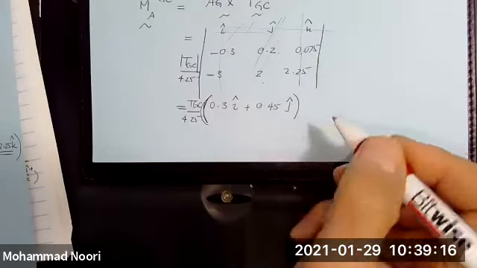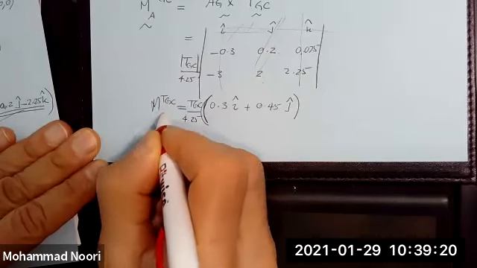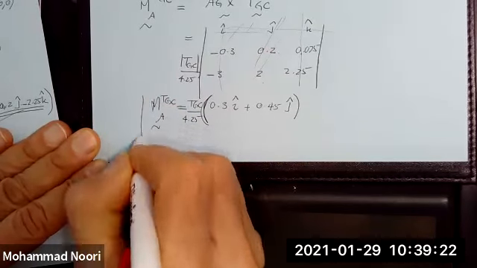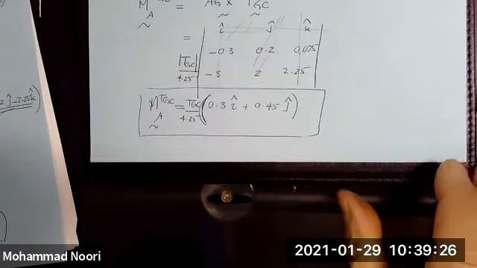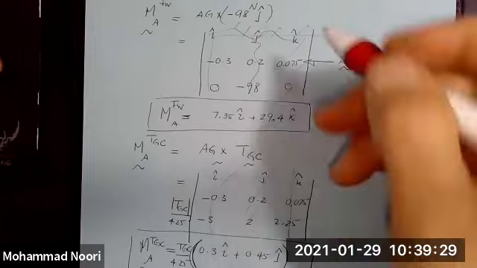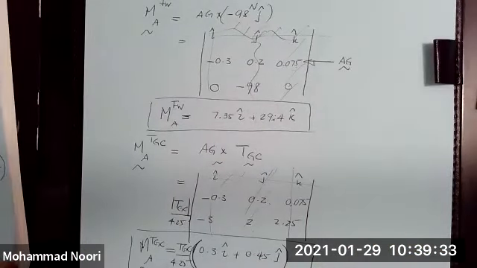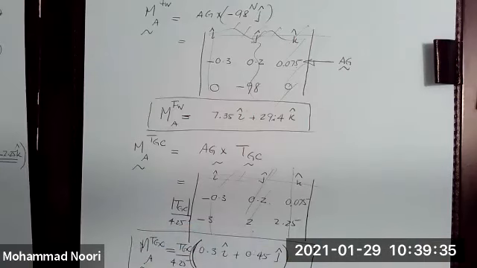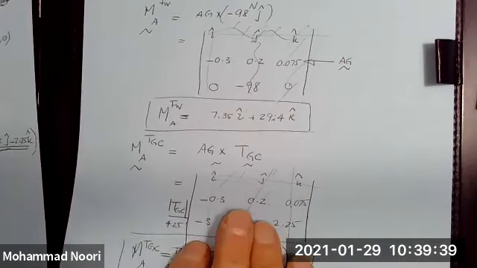So that's the moment of T_GC about point A. Any questions? So you have these 3 moment equations, right? And I said the sum of those has to be 0. So let me write those down.